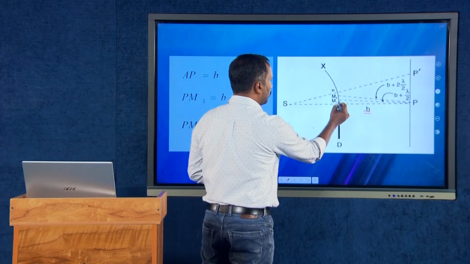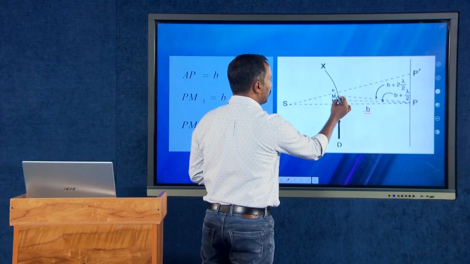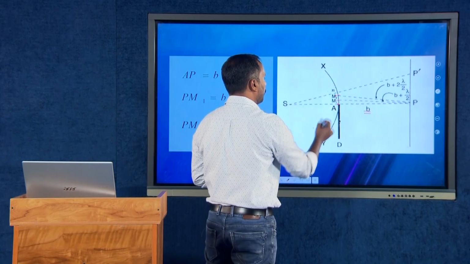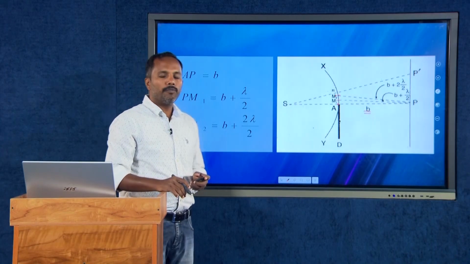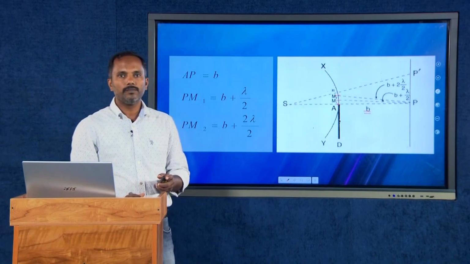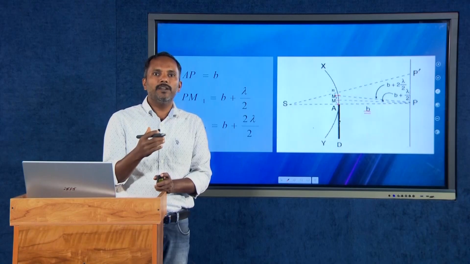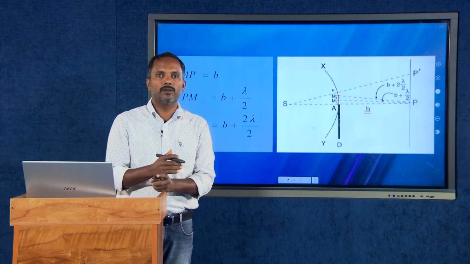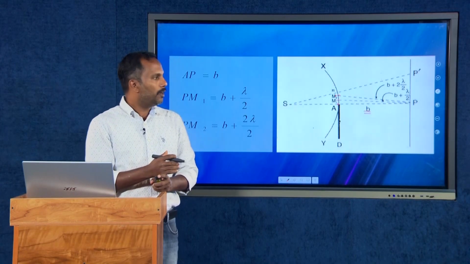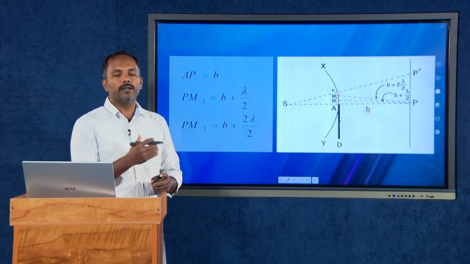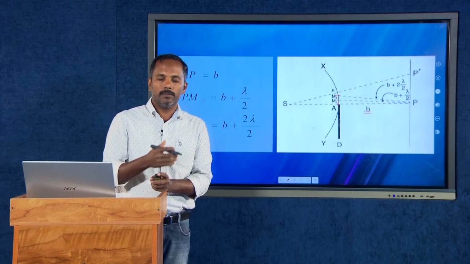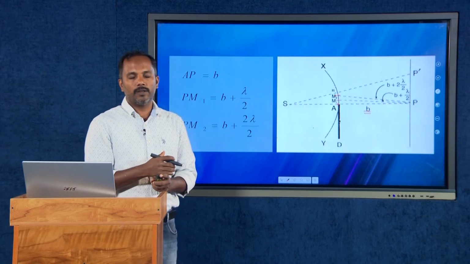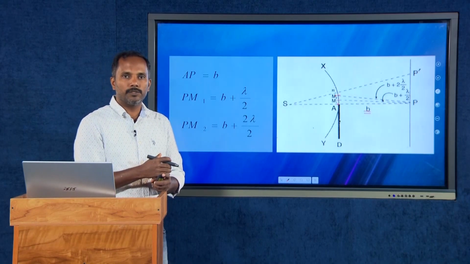Here AM1 is the first half period zone, M1M2 is the second, and M2M3 is the third half period zone, and so on. We discussed the construction of half period zones in the last lecture, and you know that between two alternate half period zones there will be a path difference of lambda by 2, by the Fresnel-Huygens assumptions.